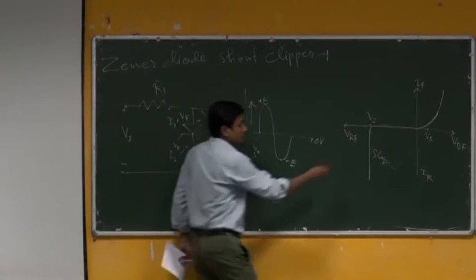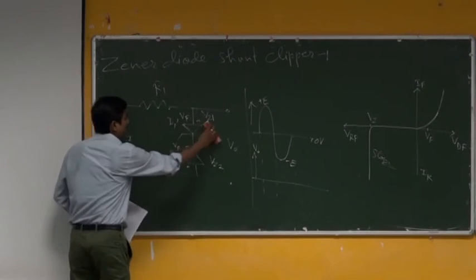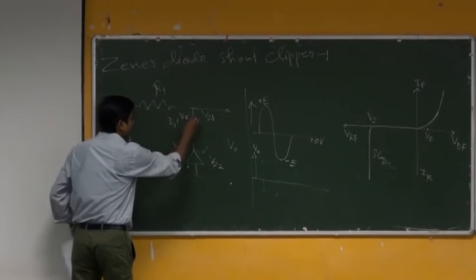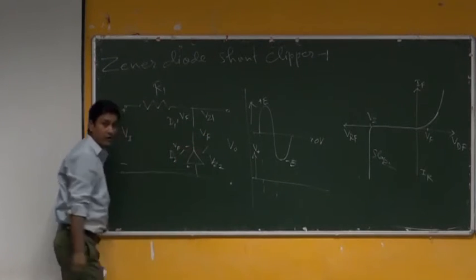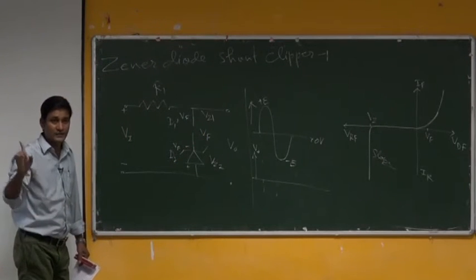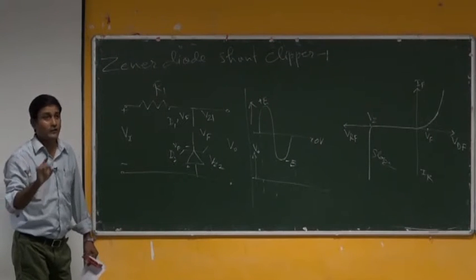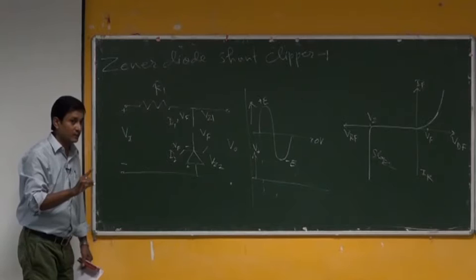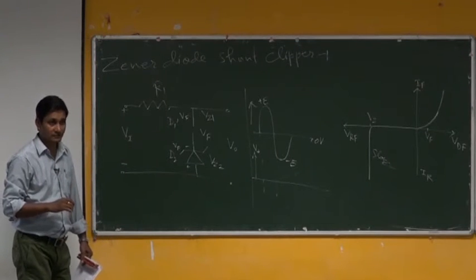If it is forward biased, I will be considering this forward characteristic, so I will be equivalently representing this part as Vf. But throughout this lecture today, please be very careful about the polarity which I am putting there, because this will become more crucial in the next part of this lecture.